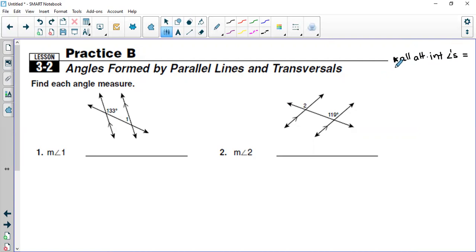by your brain, right? The next one is all alternate exterior angles are equal, and then all corresponding angles are equal.